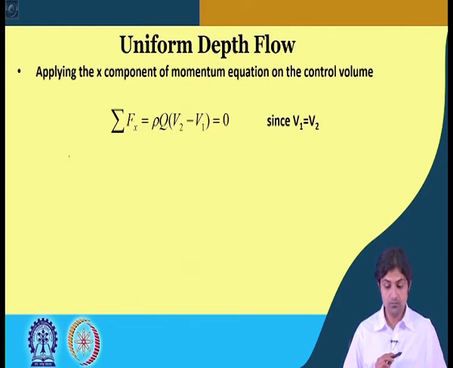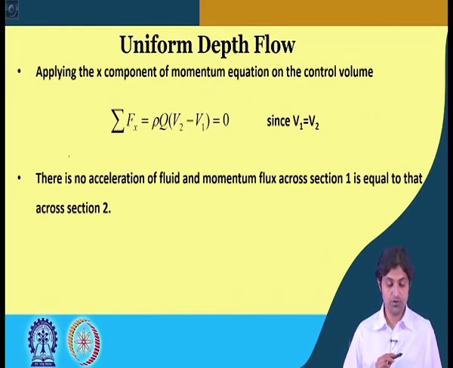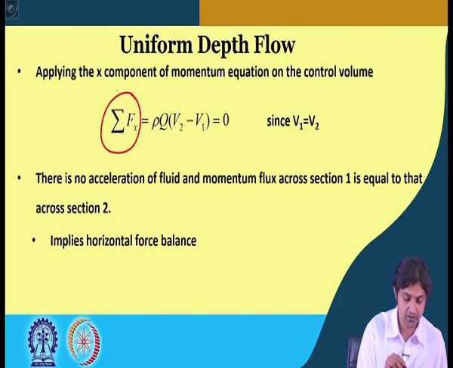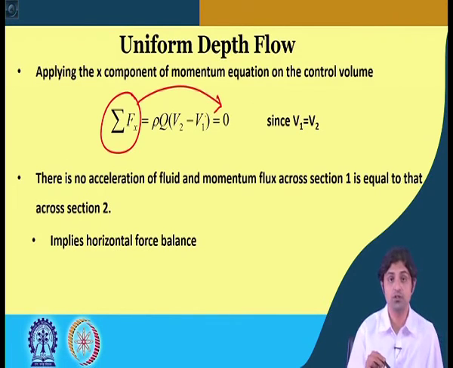So, the sum of the forces is going to be 0. There is no acceleration of the fluid, and the momentum flux across section 1 is equal to that across section 2, all right, implies there is a horizontal force balance given by Fx is equal to 0.